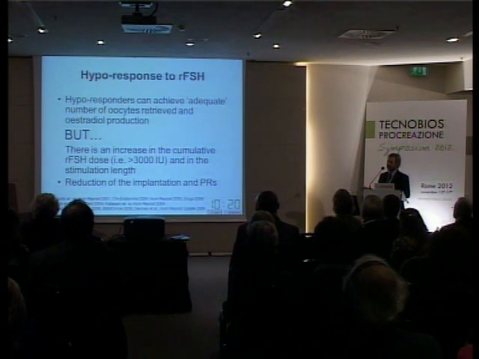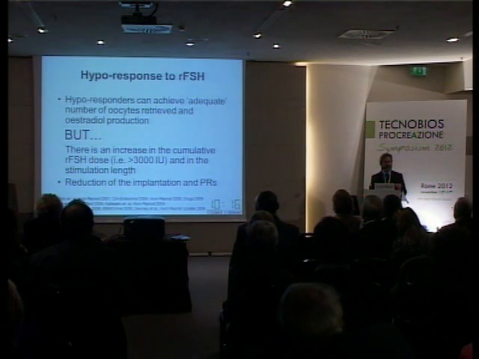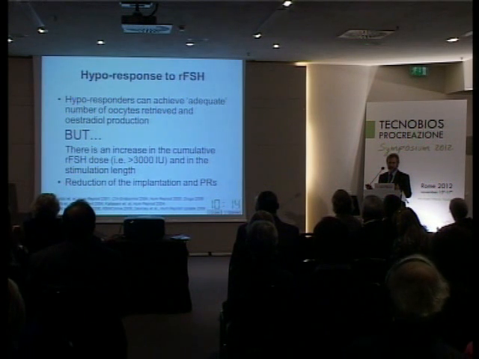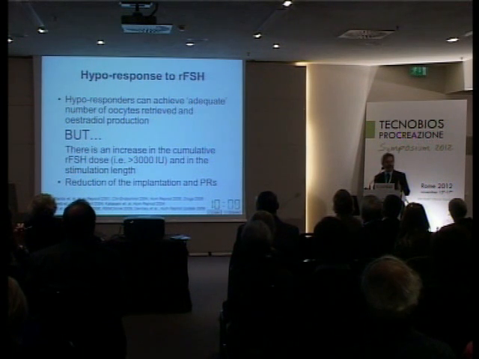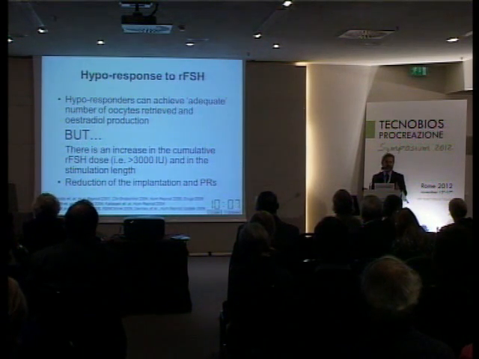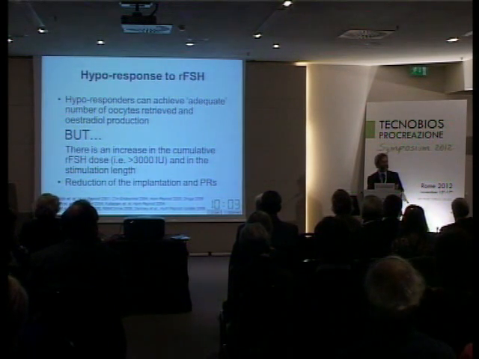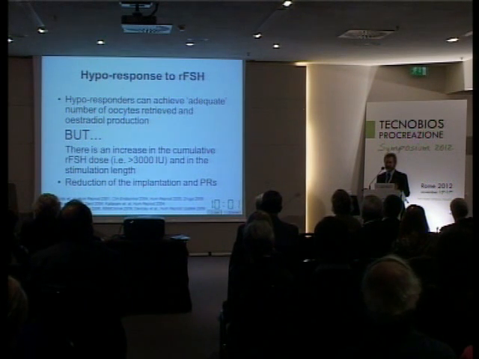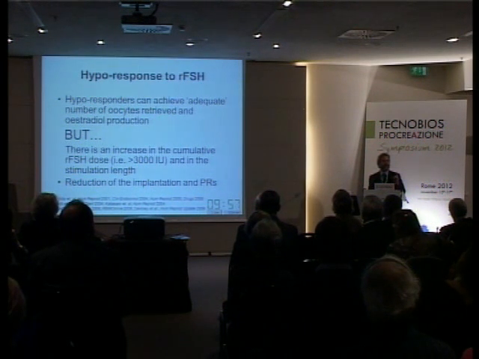So another concept that I would like to introduce is that a hyperresponder is a young, normogonadotrophic patient with normal ovarian reserve and normal antral follicle count, who has a normal oocyte retrieval but requires higher doses of FSH than expected. So she just has a hyposensitivity to exogenous FSH.